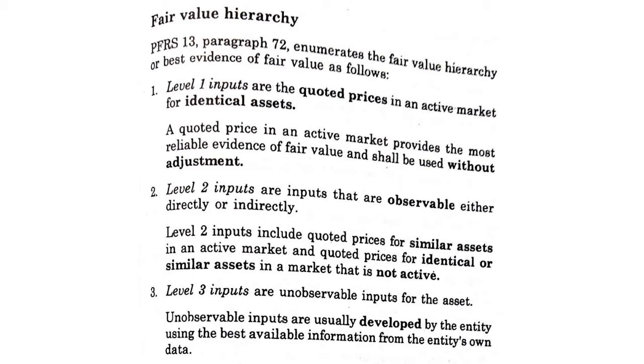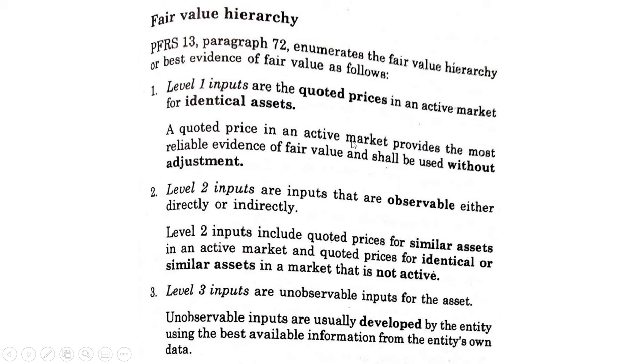Pangalawa, sa level 2, paano kung walang fair value? What we will find is any similar item sa hindi active na market. Kumbaga, meron lang missing element doon sa level 1. Dito kasi sa level 1 may active market, merong identical asset sa active market. Yan.